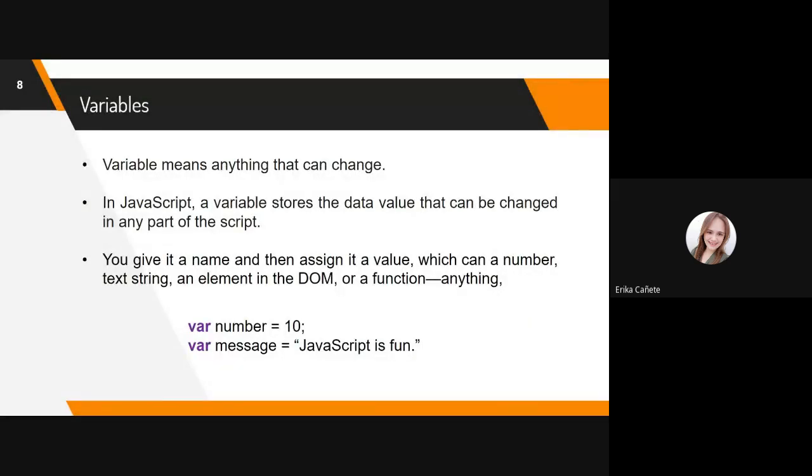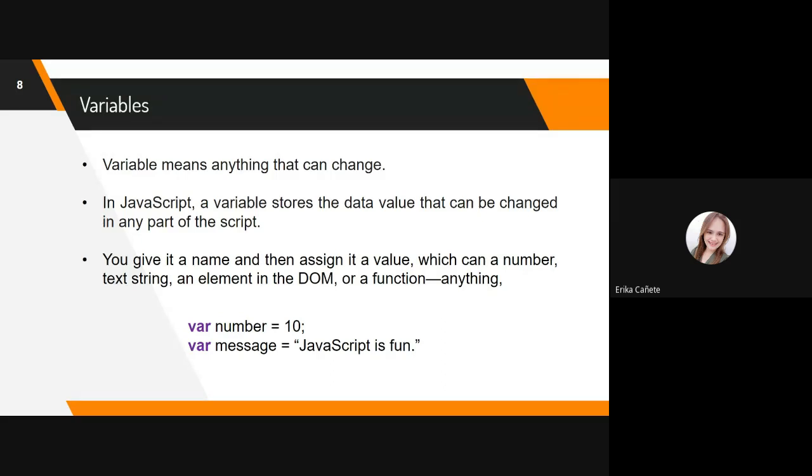Moving on with our variables. A variable is like an information container. You give it a name and then assign it a value, just like we do in algebra, if you can still remember. You can assign a value as a number, a text string, an element in the DOM, a function, or anything that you need for your program.